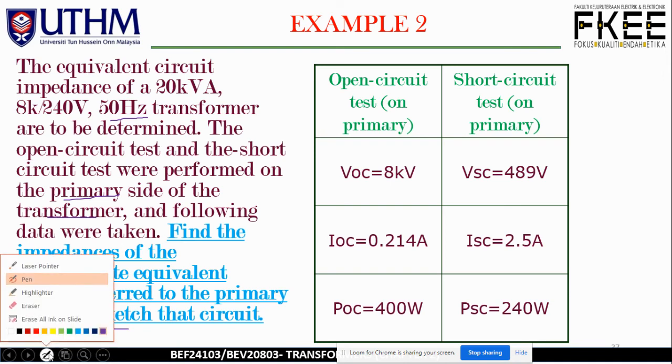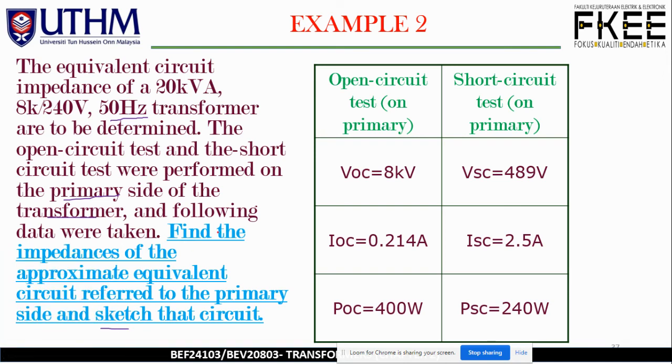So it has been clearly stated that the transformer is referred to the primary side. You have to calculate according to the data given here, open circuit as well as short circuit: VOC, VSC, IOC, ISC, POC, and also PSC, the power.